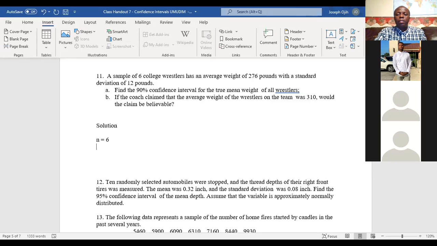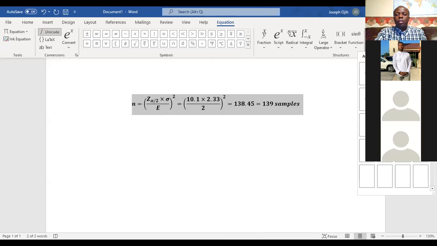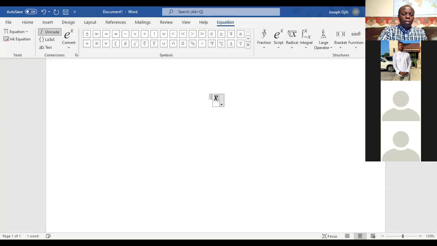X bar, which is here, equals 276 pounds. Now I'm going to have it here, 276 pounds.